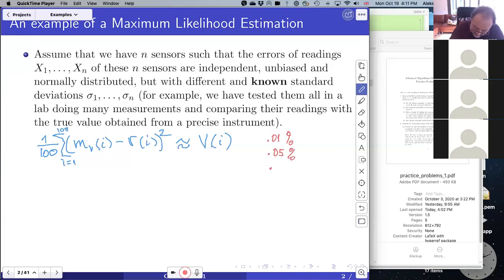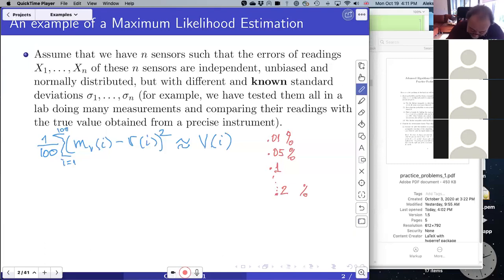And then maybe you have one that is measuring with 100 times as large variance as the first one, and so forth. And maybe some of them are totally lousy. Maybe one of them measures with the error of, say, 2%, which is actually pretty good for a handheld voltmeter.